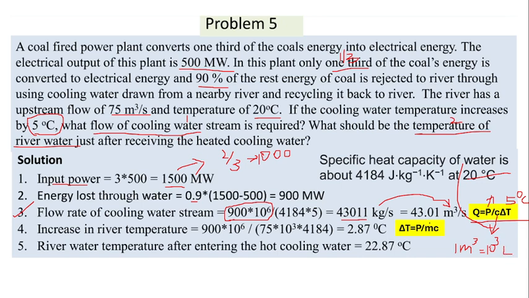So to convert, you are assuming 1 liter is equal to 1 kg. So you are converting the kg into meter cube by dividing it by 1000. So 43,011 is converted to 43.01 meter cube per second. Now question 1 is solved. The flow rate of the cooling water stream should be 43.01 meter cube per second.